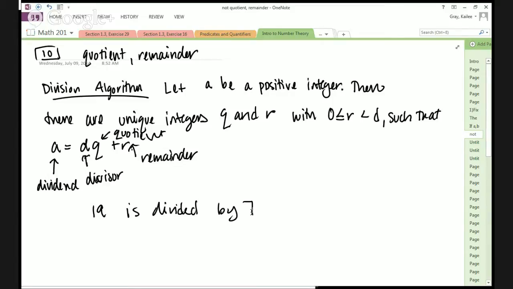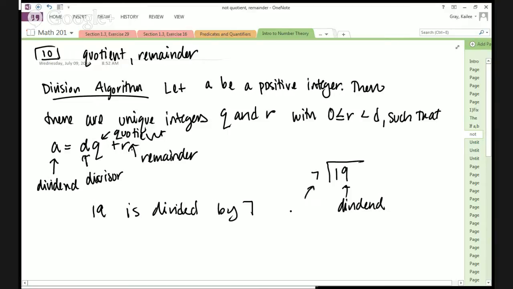Okay, so let's go back to long division and I think that all these terms will make more sense, maybe. So what I'm going to do is take 19 divided by 7, okay? So let's put out these terms so we get used to it. This is our dividend, and 7 is our divisor, okay?